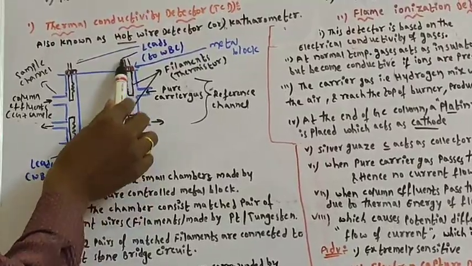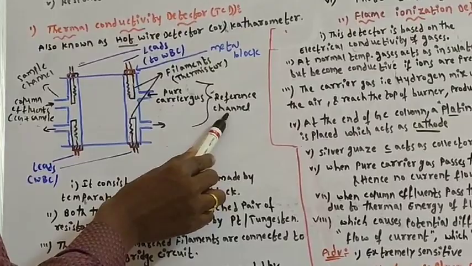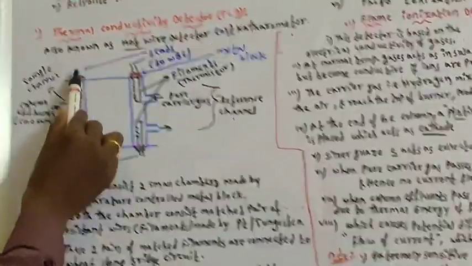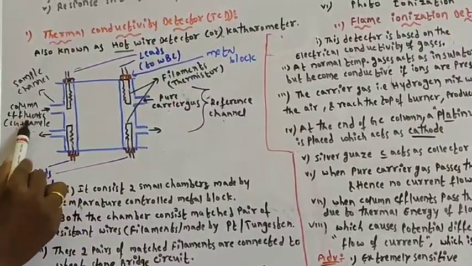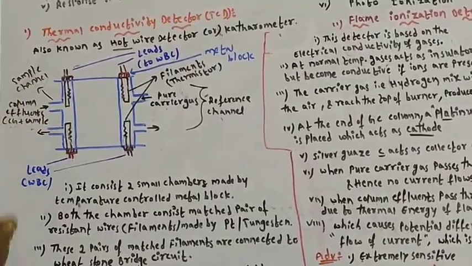This side of the chamber, where only pure carrier gas passes, is known as the reference channel. Here the column effluent, which consists of carrier gas plus sample, is known as the sample chamber or sample channel.